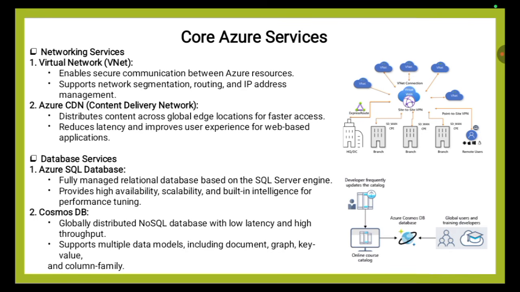So from this part, we can say that Azure Virtual Network, or VNet, allows secure communication between Azure resources, supporting network segmentation, routing, and IP address management. Azure CDN, or Content Delivery Network, improves performance by distributing content across global edge locations, reducing latency and enhancing user experience for web-based applications.